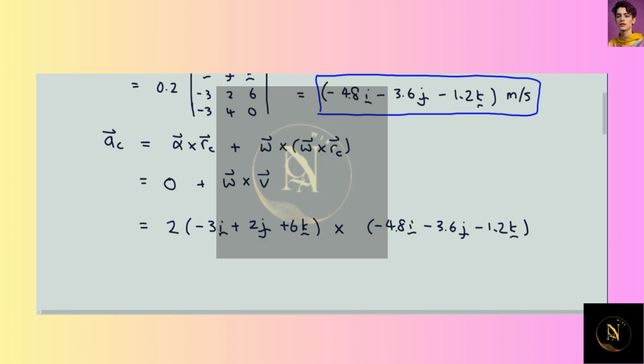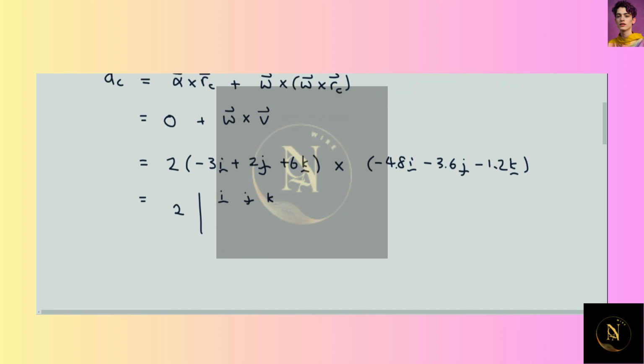So this is 2 times the determinant with rows i j k, minus 3, 2, 6, and minus 4.8, minus 3.6, minus 1.2.